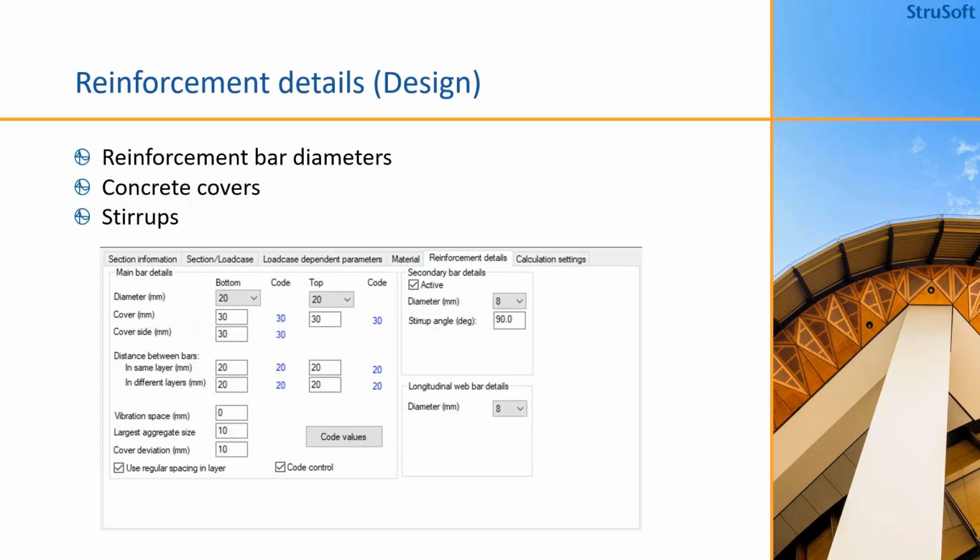As for the reinforcement details for the design, here we say what kind of diameter for the reinforcement at the bottom and the top we want. We also enter the concrete covers. In the left part, we can see the covers that will be used in the software, while the blue values are the concrete covers according to the code.